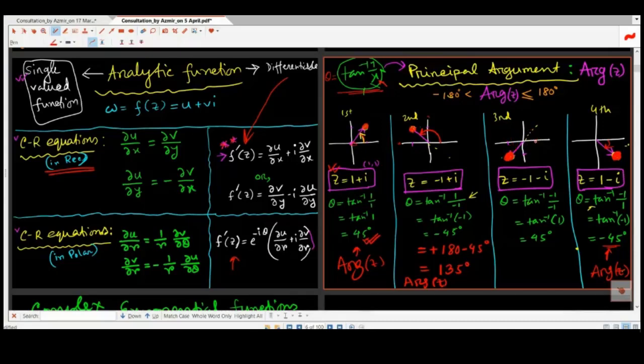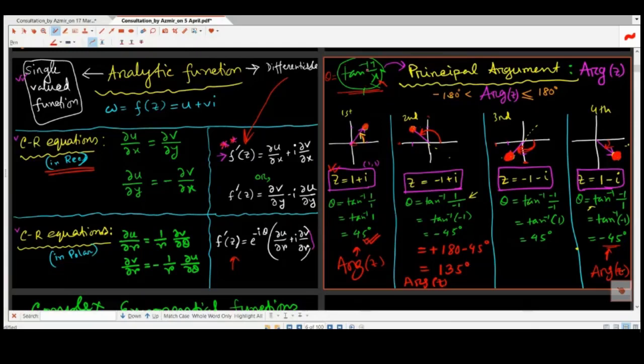So we have to come from the negative direction. In the negative direction, we can easily understand that we have a result that is between negative 90 degrees and negative 180 degrees.